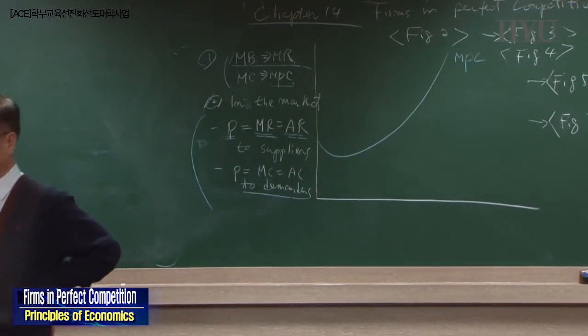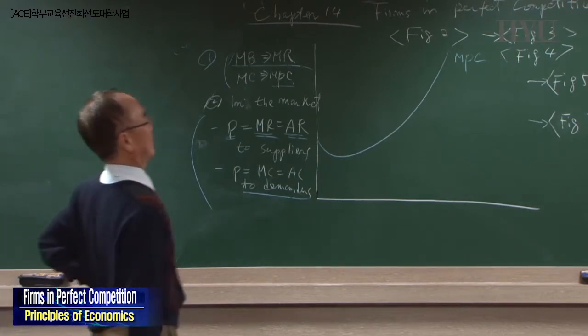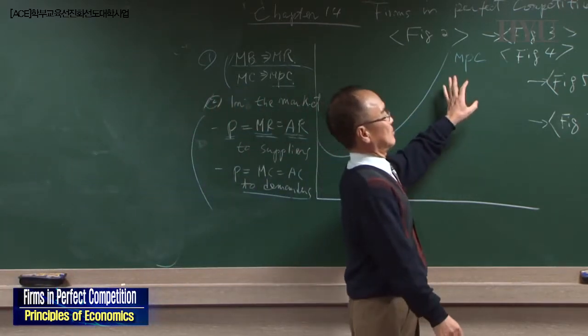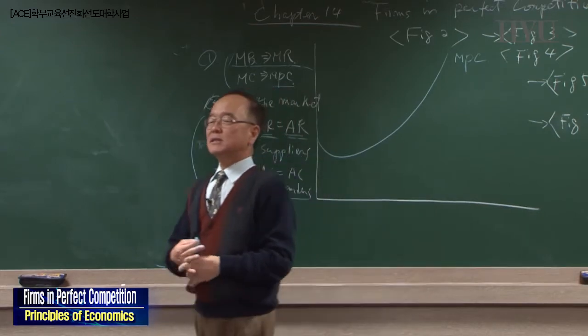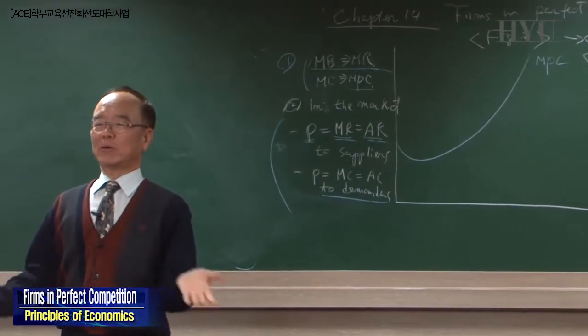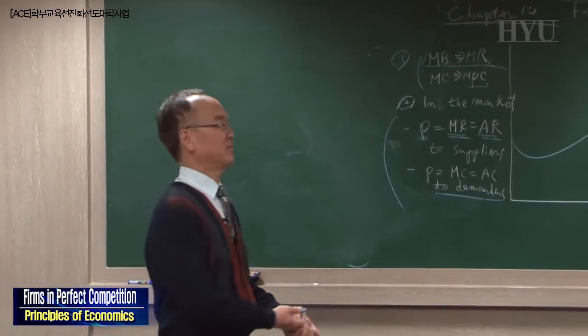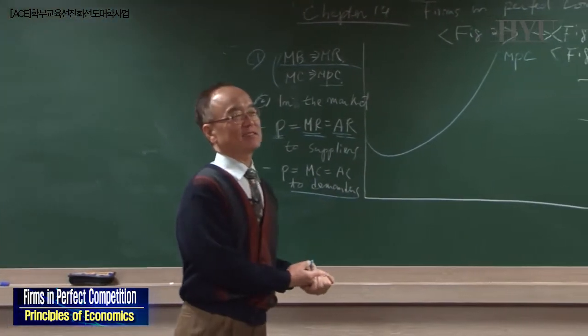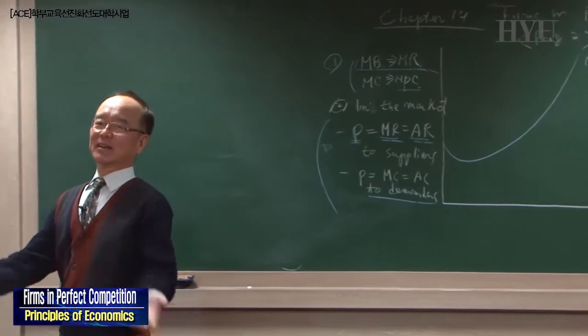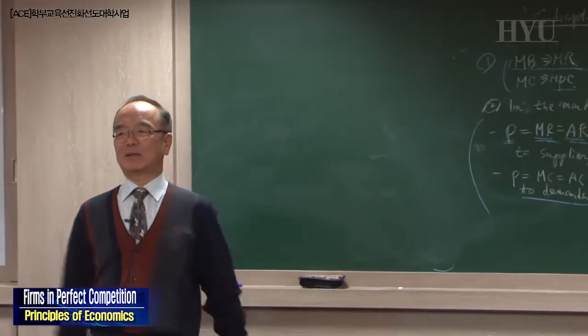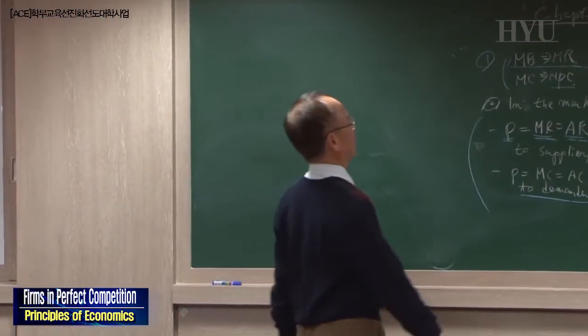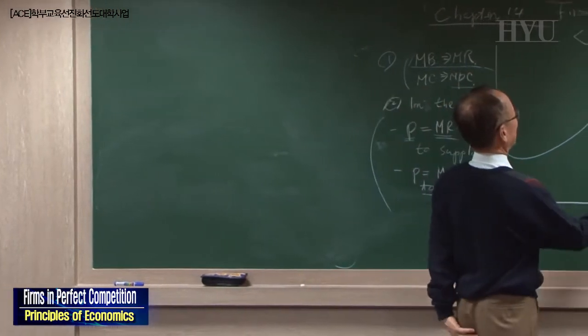Okay, this is defined by what? By the way, production condition is defined by what? Market condition? No, it's defined by technology and factor market condition, and they are separated from the market of the thing, the product.